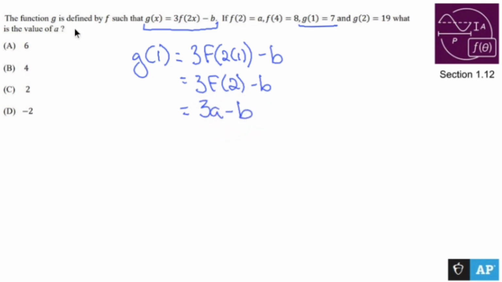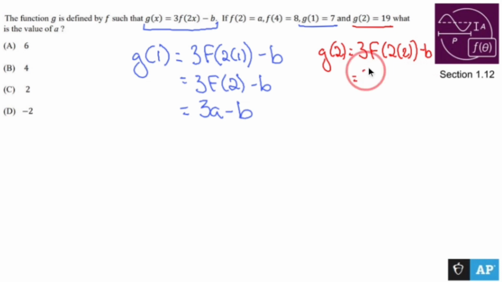Now, does that get me anywhere? No, it's asking for the value of a, and I have to do a little bit more because there's no b here, so I'm not quite done yet. So I found g of 1. Let's find g of 2. g of 2 is going to be 3 times f of 2 times 2, replacing x with 2, minus b.